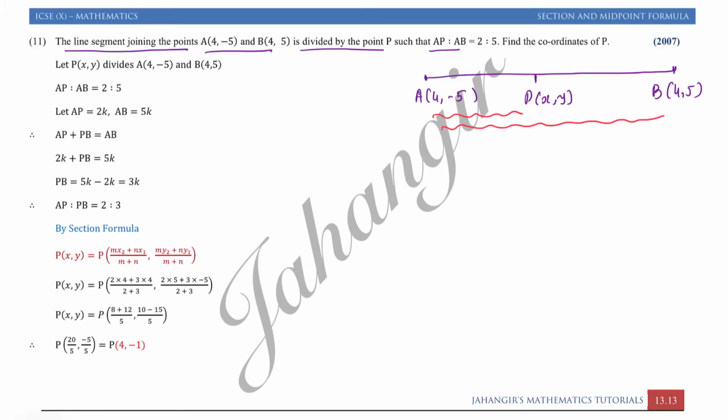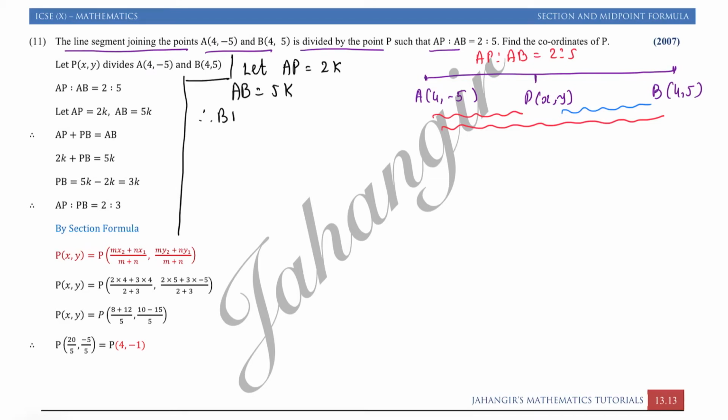Now as we know, the ratio is given as AP is to AB, 2 is to 5. Since our ratio should be AP is to PB, we have to find PB first. This type of question we had done in the exercise also. Here let the common multiple be k. So let AP be 2k and AB be 5k.